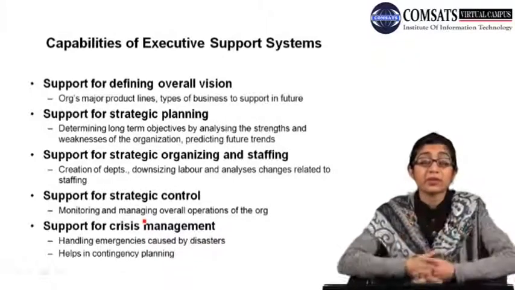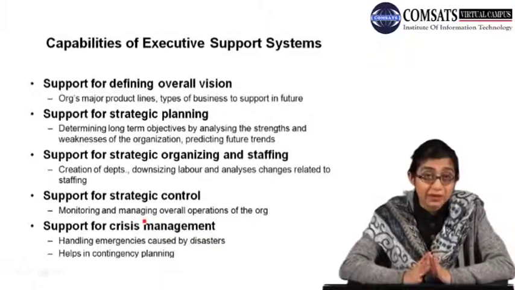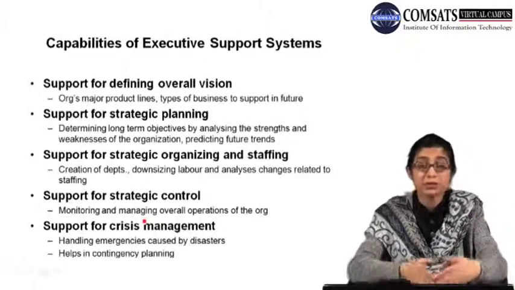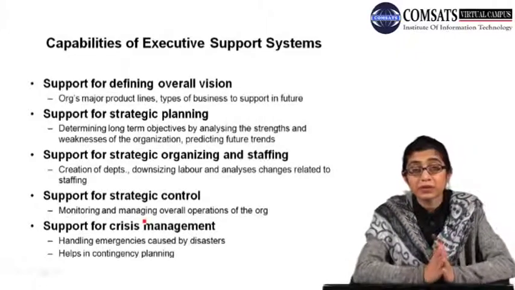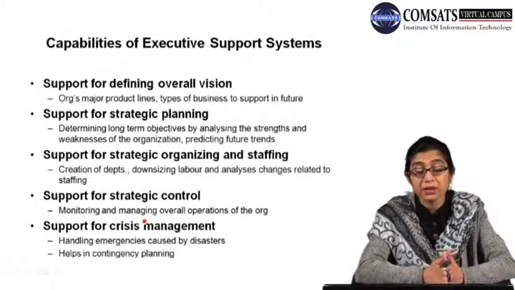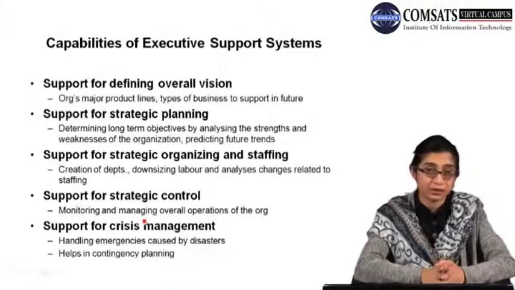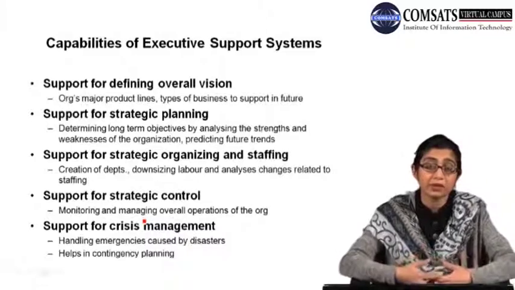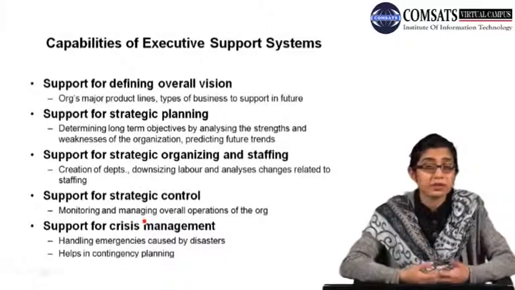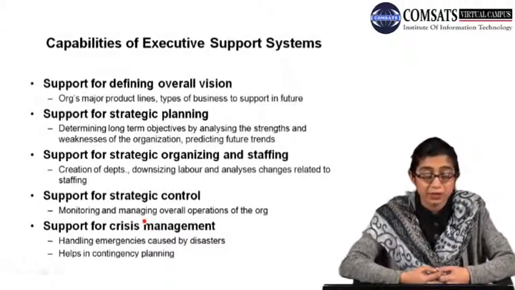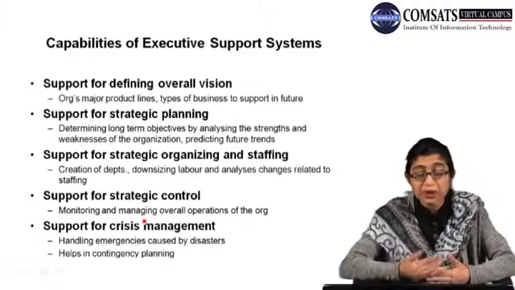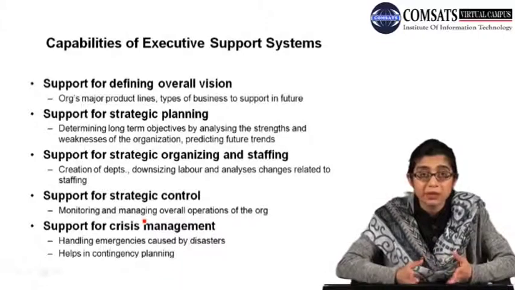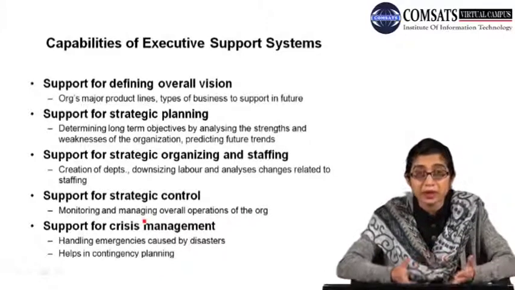Now, the very, very important one is support for crisis management. These systems help executives handle emergencies caused by disasters. There can be natural disasters that affect the architectural systems or equipment of the organization. It also helps executives with contingency planning or emergency handling planning.